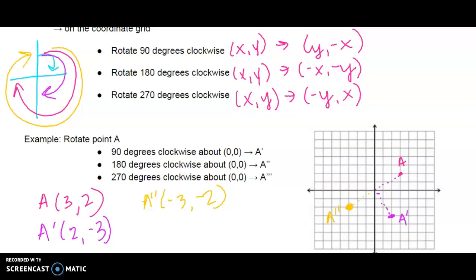So 270 degrees will be 3/4 of a turn clockwise. We want this then to be all the way over here at (-2, 3). So A triple prime should be at (-2, 3). Okay?